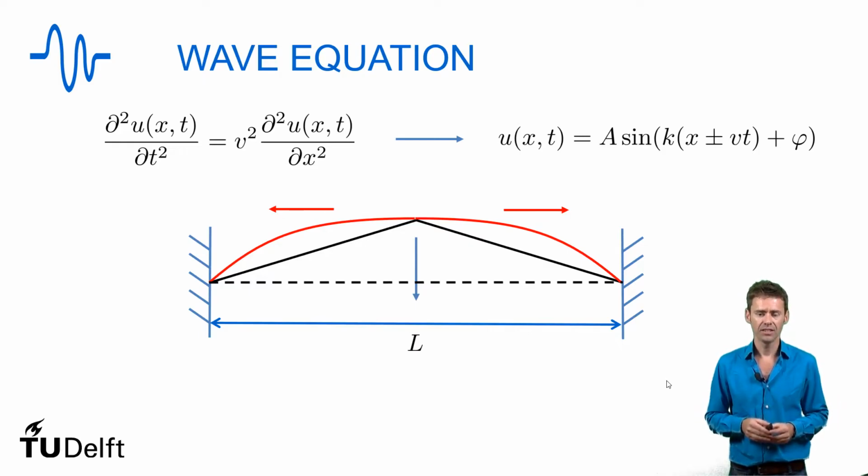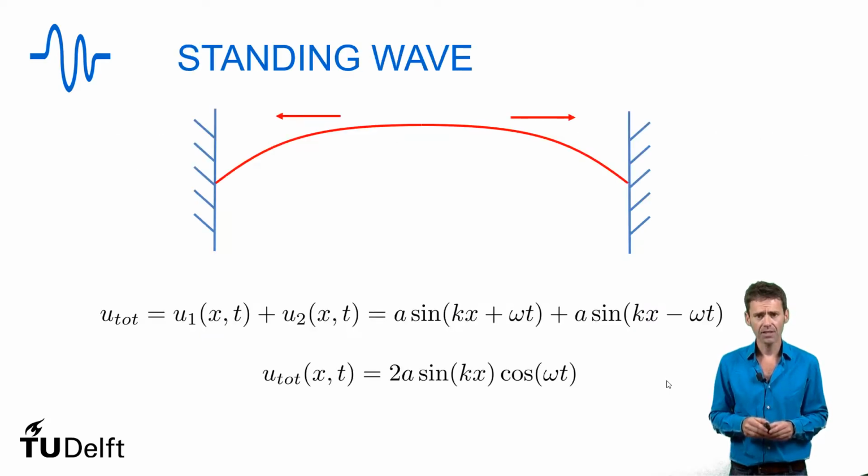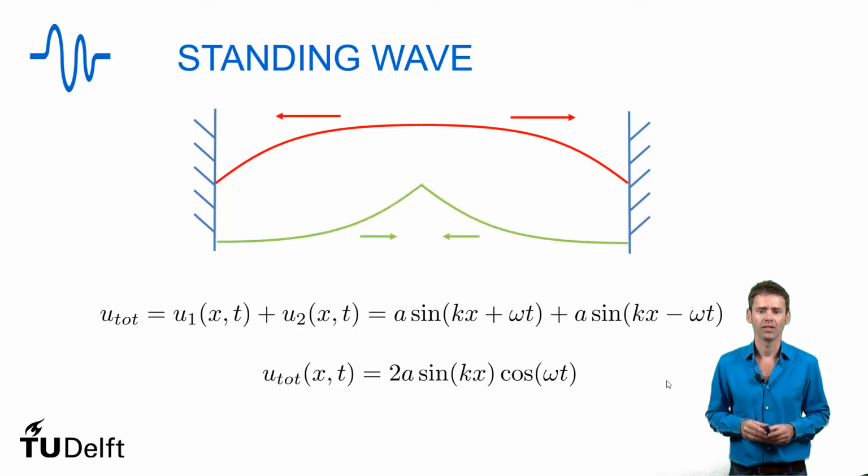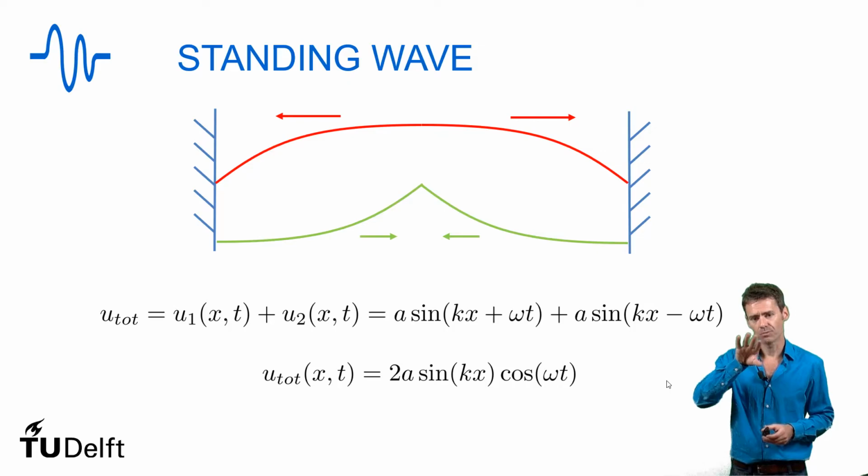So initially, this wave will start to propagate in this positive direction with the shape that is given here in red. This is the first time that we see the wave, and then a quarter of a wavelength later, we see, of course, that the wave has propagated and that it reflects onto this fixed boundary.